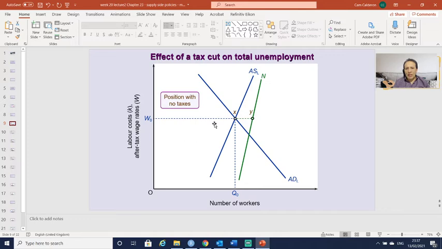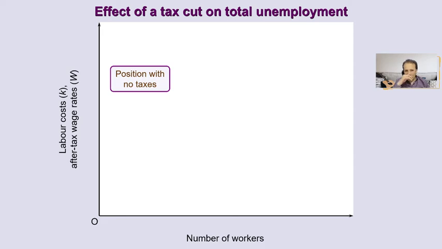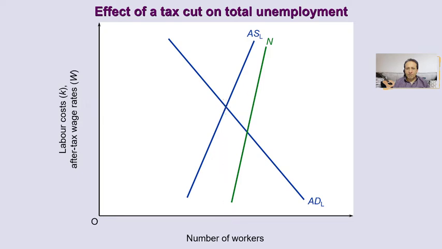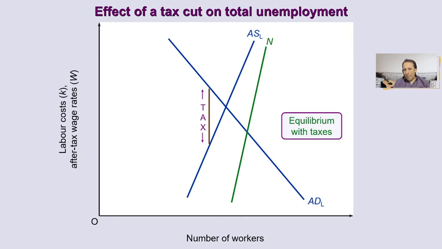So let's imagine that the market is currently in this equilibrium, in which there are no taxes. Right, so what is the equilibrium with taxes?